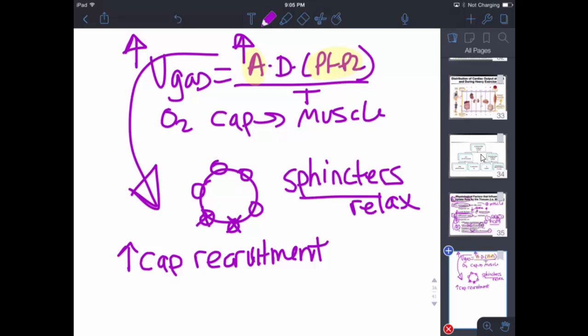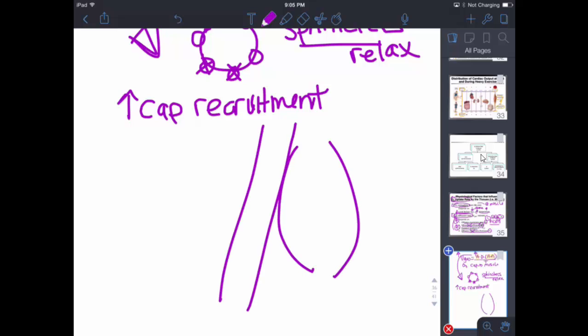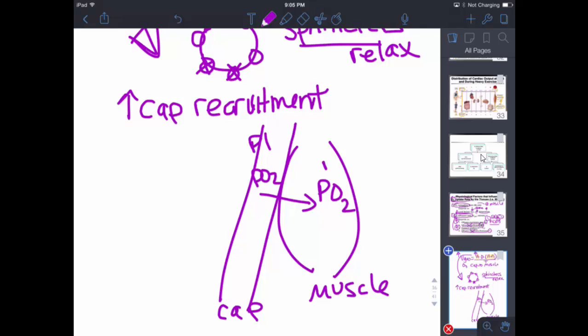The other thing that we see during exercise that changes is the pressure gradient. Okay, so we have muscle, and we have a capillary. Okay, and we have oxygen. We have a PO2 here. We have oxygen moving here. Okay, it's moving from high to low. So this is P1 and this is P2. This oxygen coming into the muscle from the arteries does not change with exercise.